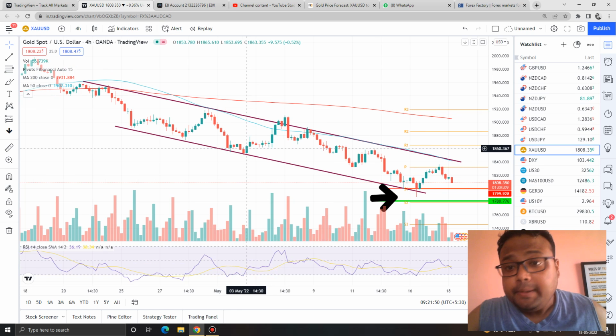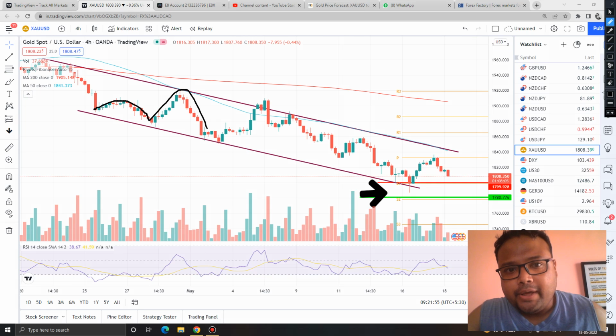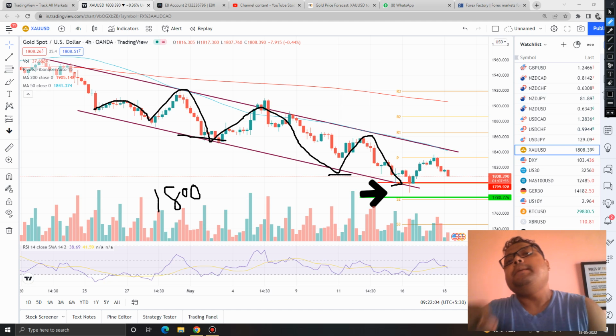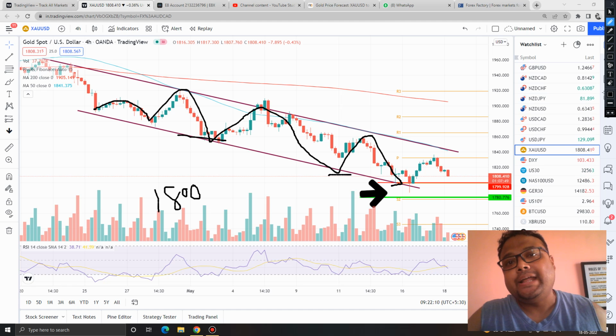If we follow the pattern of gold here, we can see that gold is breaking previous lows every time. Though we have a support around 1800, if we follow the pattern, there is a high possibility that gold will break the level of 1800 again.